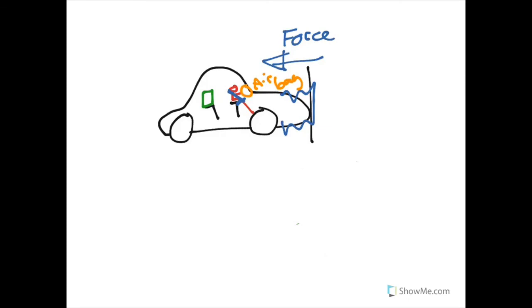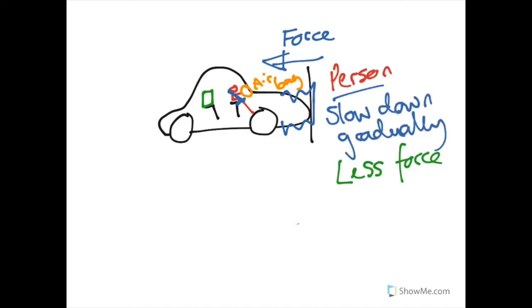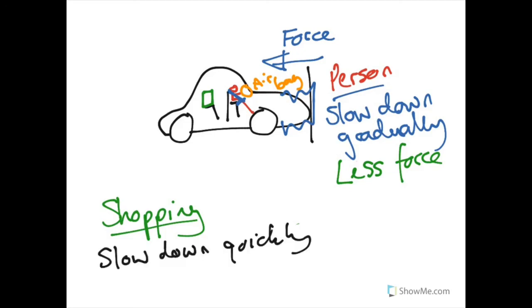Well, because the person's wearing a seatbelt, they're going to take advantage of the crumple zone on the car and of the airbag, so they're going to slow down gradually and they would feel less force. The carrier bag, however, is still moving at the same speed that the car was, so it is going to hit the seat in front and it is going to slow down quickly, leading to a much bigger force.